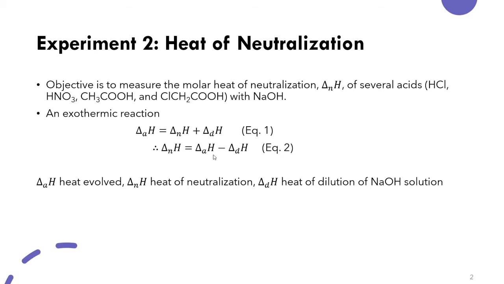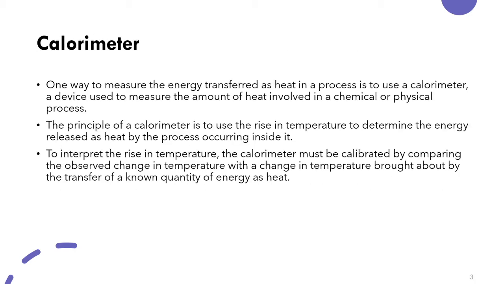Now to achieve this you need to use a calorimeter to measure the heat of neutralization. A calorimeter is any well-insulated apparatus that can hold the reactants and products so that the amount of heat absorbed or released by the reaction can be measured.